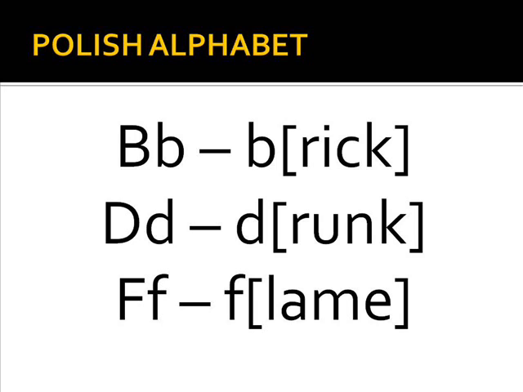Because just look at the English word. It's the word brick, right? The letter B pronounced by itself is B, and you do not say B-rick. In this particular word, you pronounce the word as brick.